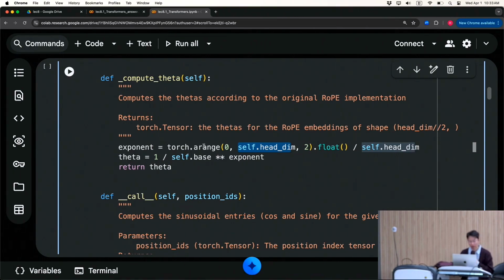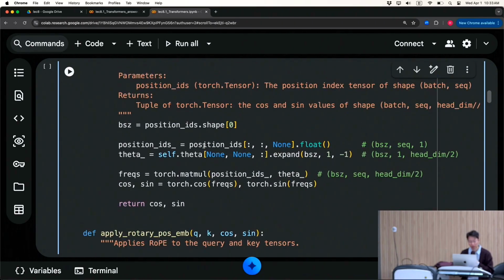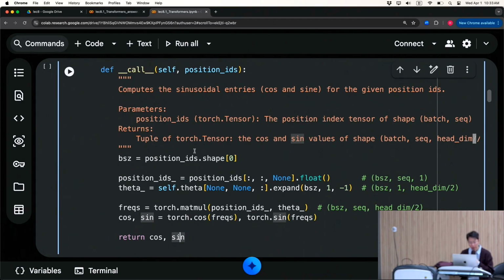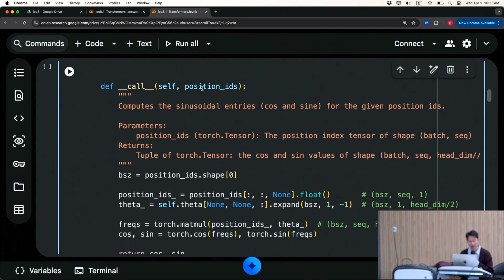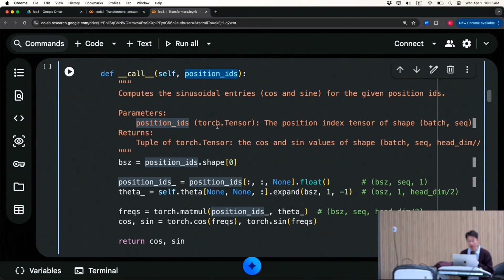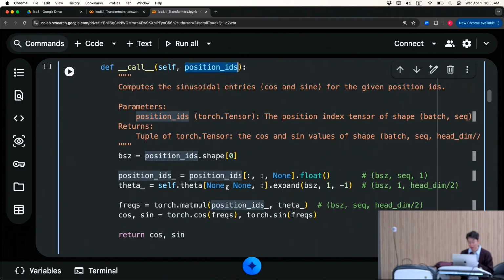So if you call the function, it's going to return the cosines and sines of the rotation angle. Position IDs is given in the call signature. That's the location of each token, so this is a consecutive number. Let's look at the size.